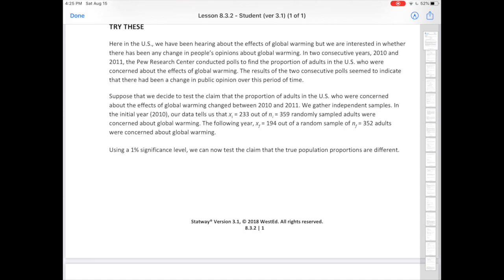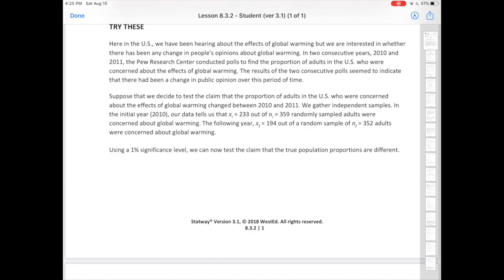Suppose that we decide to test the claim that the proportion of adults in the US who were concerned about the effects of global warming changed from 2010 to 2011. We gather independent samples. In the initial year, 2010, our data tells us that Xi is equal to 233 out of Ni equals 359 randomly sampled adults were concerned about global warming. Don't let those subscripts scare you.